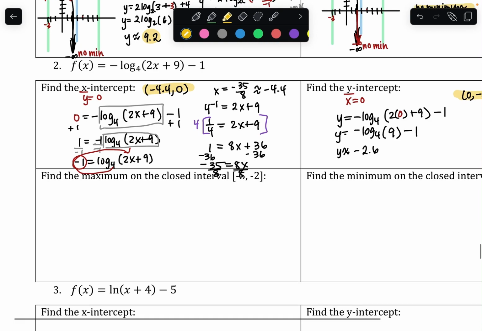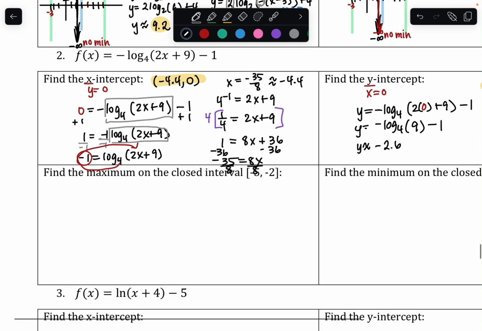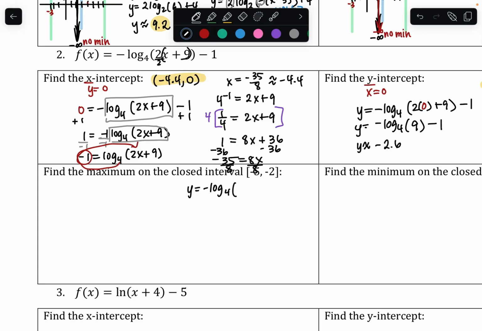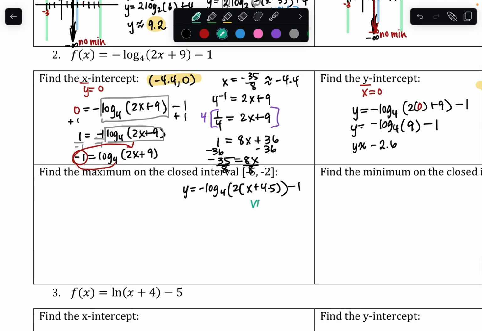Okay, for max and min, we need a good graph. So first step is to put it in proper transformation form, meaning we need to divide by this 2 or factor out the 2. And so that is going to give me 2 and then x plus 4.5 minus 1. Okay, that means my vertical asymptote is x equals negative 4.5.